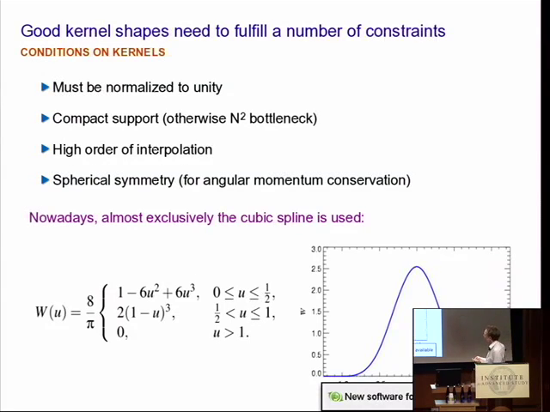You want to have higher order of interpolation. So there are kernels of different order. This is very similar to what we saw in the particle mesh approach or PIC approaches. You want to have a sufficiently smooth and higher order kernel, and you can then show by Taylor expanding the interpolant that the errors are of certain order.